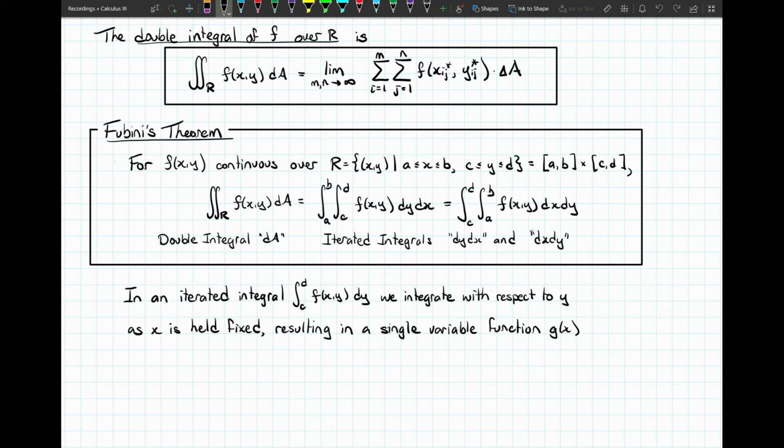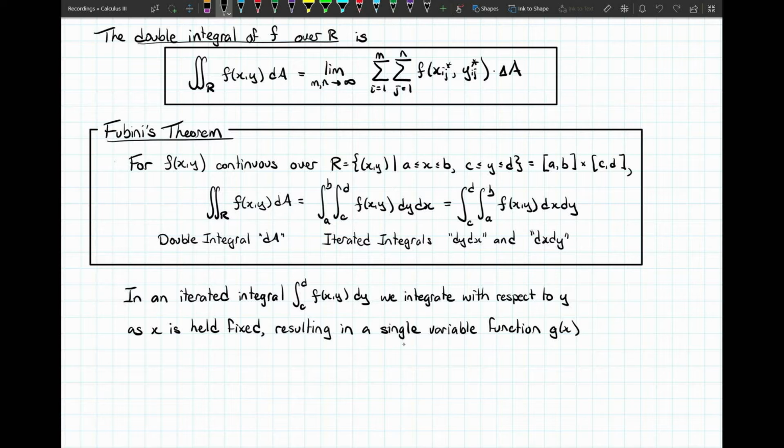For example, if we are iterating this integral with respect to y first and integrating from y equals c to y equals d, we integrate with respect to y and leave x just like constants, or constant multiples that are involved in the expression. And then, since this is a definite integral for y, we plug those numbers in. That means we should get a numerical expression, but potentially still involving x as a variable.